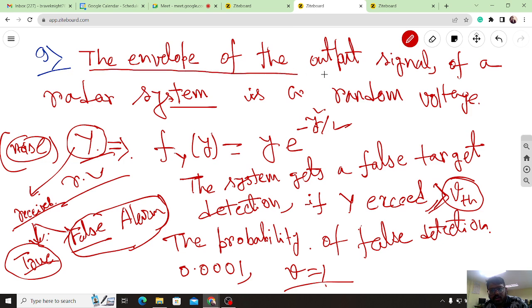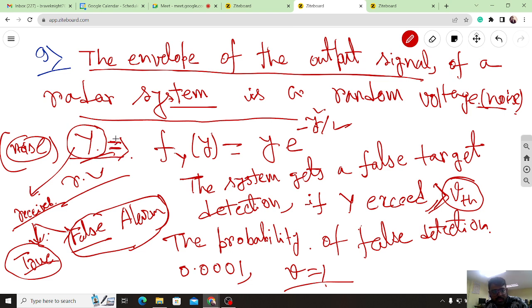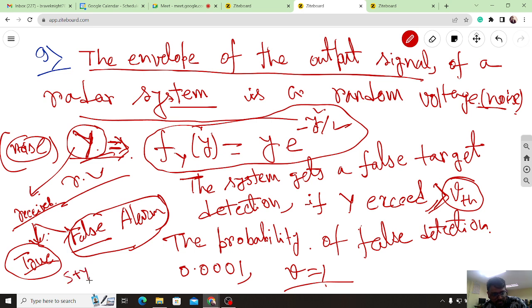So we have an output signal of a radar system, and that generates a random voltage, that is the noise, Y. This Y is the noise. And the PDF of the noise is given in this way. Now, suppose the system receives a signal S plus this Y. When the signal is not present, the Y is always present in the system.